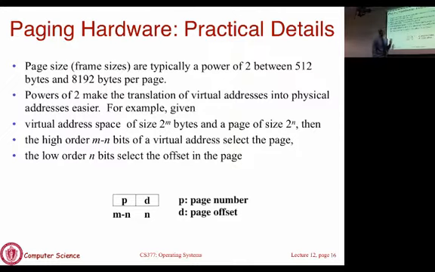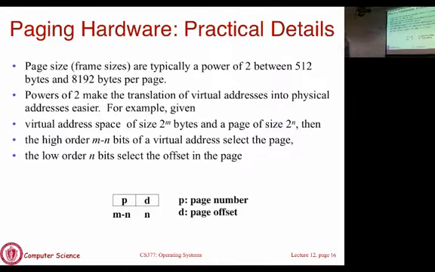So in the special case where page sizes are some exponent of 2, okay? Page sizes like 512 bytes, 1024 bytes, 2048, 4096, which is 4 kilobytes. If it is 2 to the power something, then you plug in the page size as 2 to the power m.